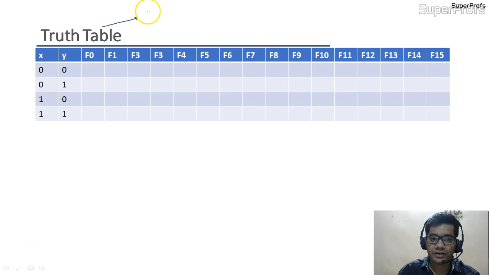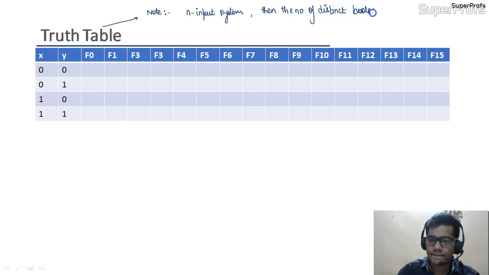First of all, we should write a note: for an n input system, if there are n inputs in a system, then the number of distinct Boolean functions is equal to 2 raised to power n. Okay, this is a general expression.